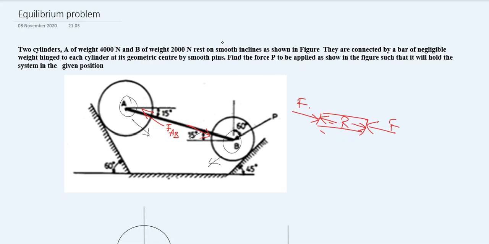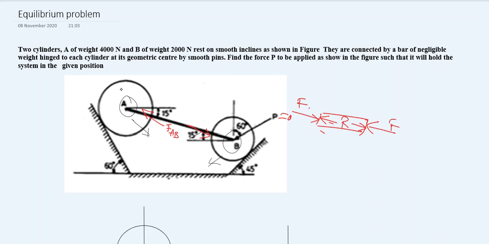Also we know that we have a force P. We need to find the force P, which pushes on the cylinder such that the system is in equilibrium. If P equals 0, what will happen? Just assume P equals 0. This roller comes inside, this roller moves upside.